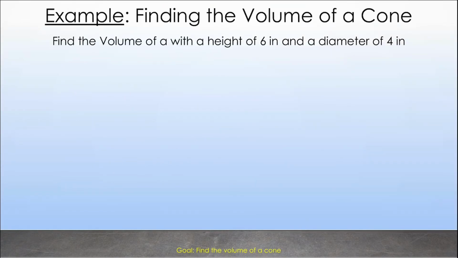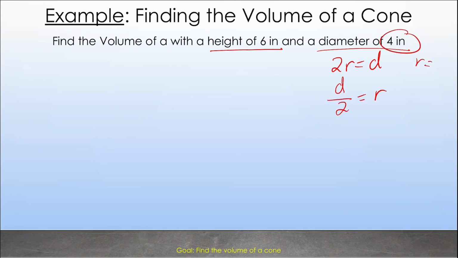Okay, find the volume of a cone when the height is 6 inches and the diameter is 4. Well, I need my radius, right? So we know twice the radius equals the diameter, or the diameter divided by 2 equals the radius. So my radius is going to be 2. Cut it in half.